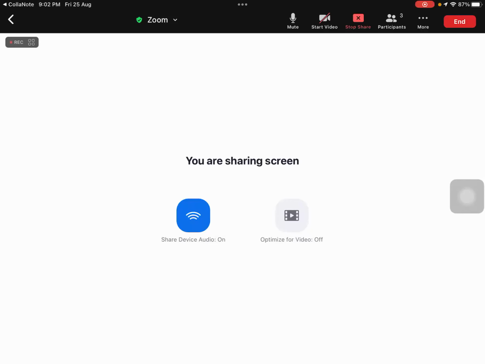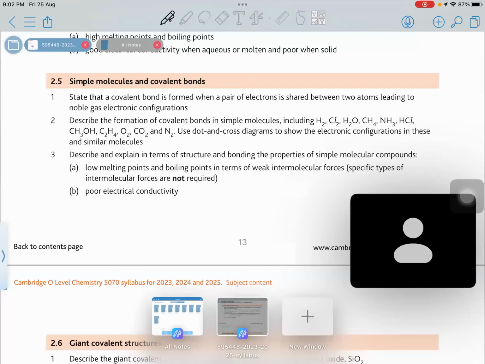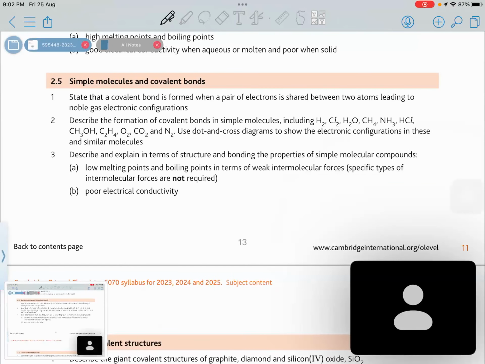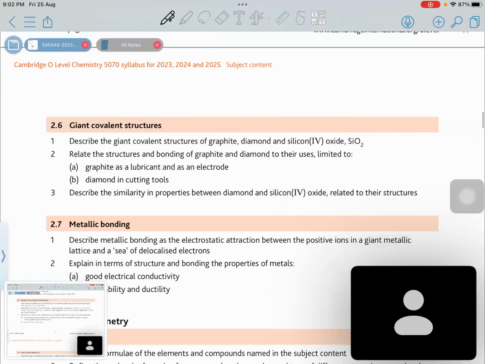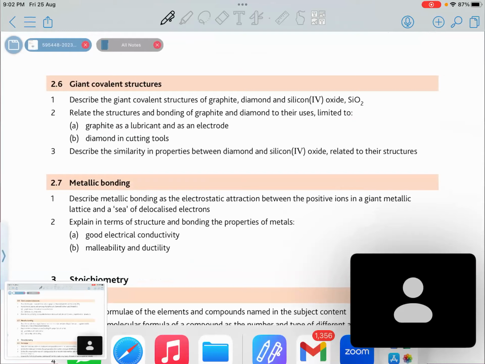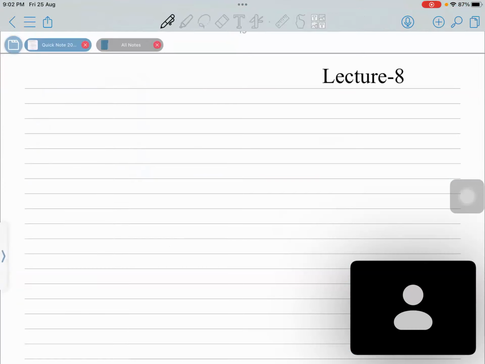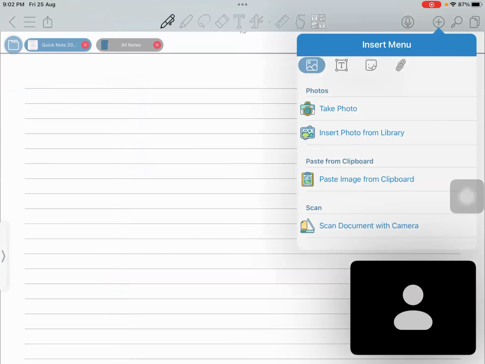Yes, I'm sharing you the screen again. Okay, here you have the syllabus. And then giant covalent structures, then metallic bonding, etc. So here we have the syllabus.